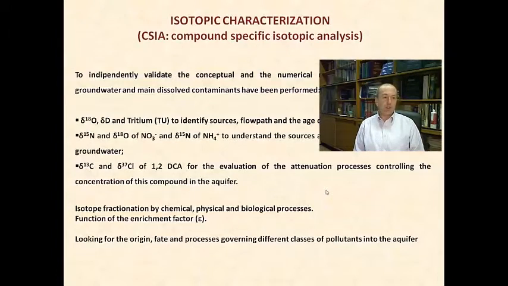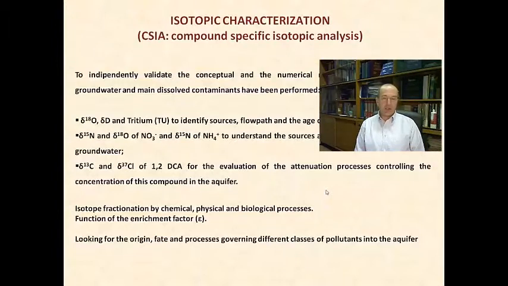We use, as I mentioned before, the environmental water isotopes to identify sources, flow path, and age of groundwater. And we also realize some investigation on nitrogen compounds, delta 15 nitrogen and delta 18 oxygen for nitrates, and delta 15 nitrogen for ammonium, to understand the source and fate.